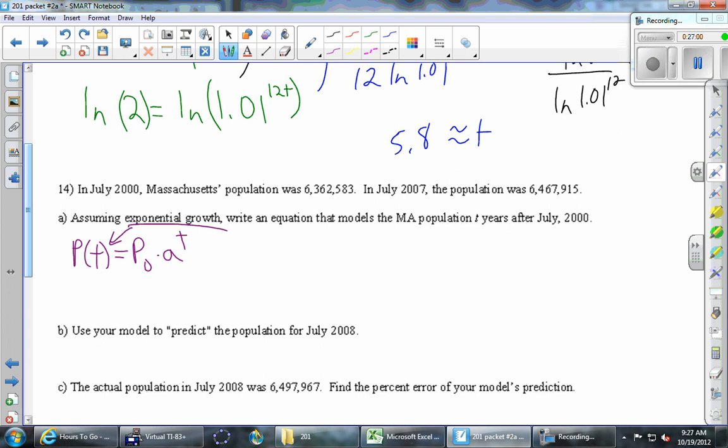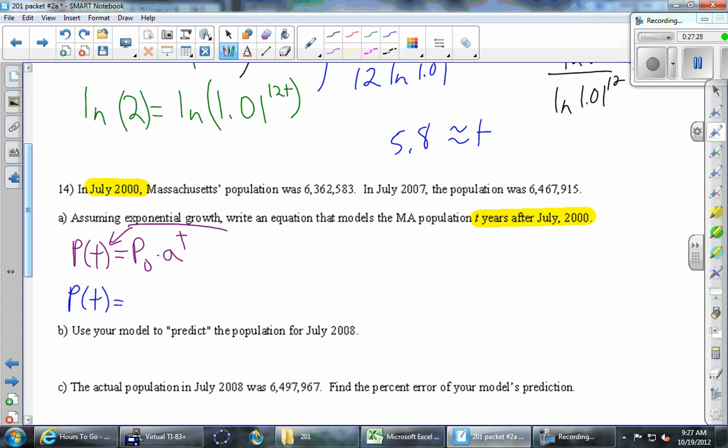All right, so let's think about this. The starting point here is July 2000, which very fortunately for us happens to match one of the data points. Do you guys remember what that represents in this problem? That's the P0. The initial population, P0, is the 6,300,000 and change. Okay, so that's easy enough.